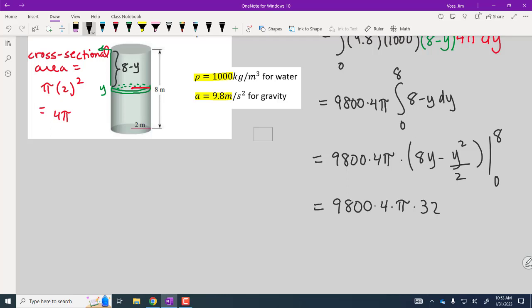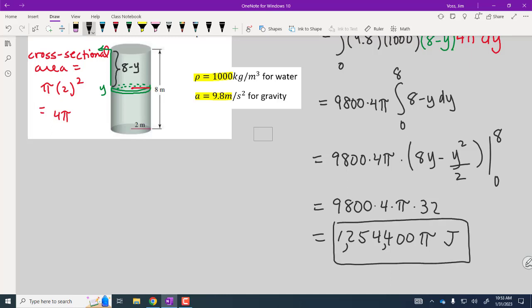And we just have to multiply those together. So 9800 multiplied by 4 multiplied by 32. So this will give us that. So what is that? Looks like 1,254,400 times pi joules of work. Not much, right? It's a lot of pi.